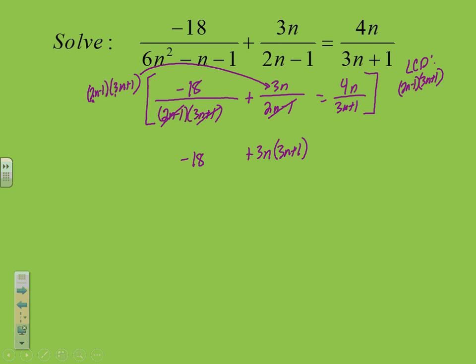Same thing with the expression on the right. The 3n plus 1 in the denominator would simplify with the 3n plus 1 of the LCD, but we still have the 2n minus 1 that would get multiplied to it, so equals 4n times 2n minus 1.